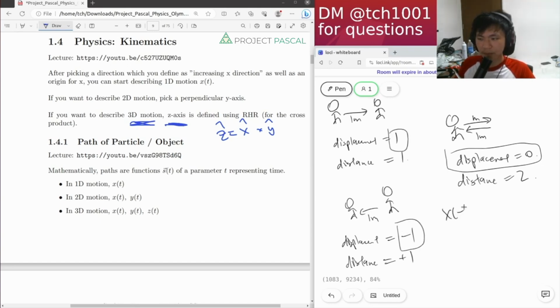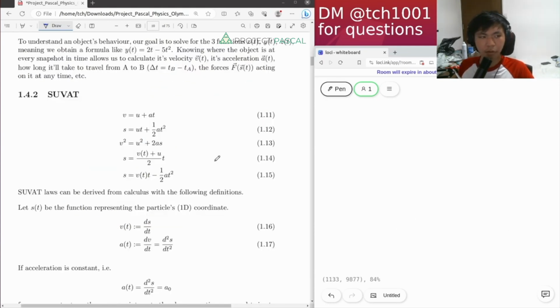So this x of t represents the displacement from some origin as a function of time. In other words, this x of t describes how you move along this one-dimensional line with respect to time, how your displacement with respect to some origin changes over time. Now, our goal in physics is to understand how the displacement of an object changes over time.